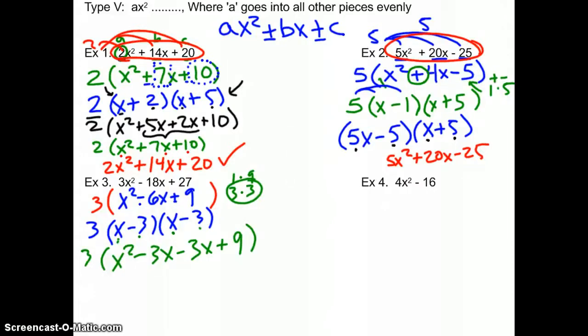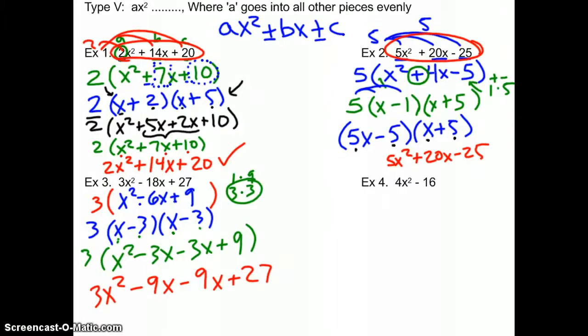Now I can distribute my 3 to all of my terms. 3 times x squared is 3x squared. 3 times negative 3x is a negative 9x. 3 times a negative 3x is a negative 9x again. 3 times 9 is positive 27.